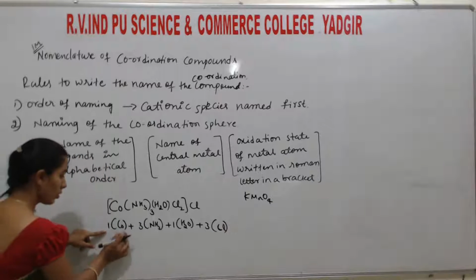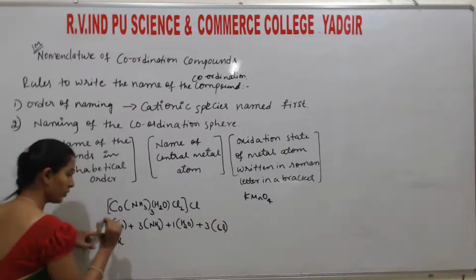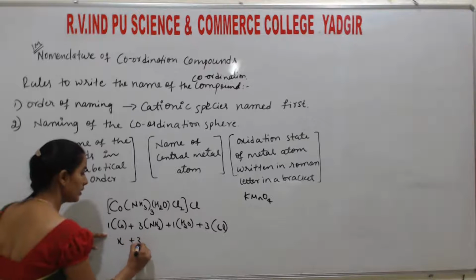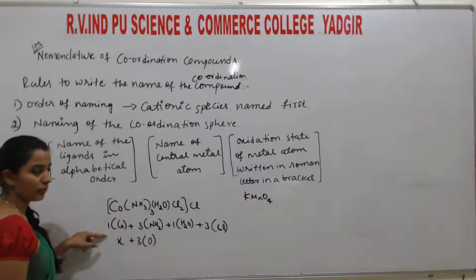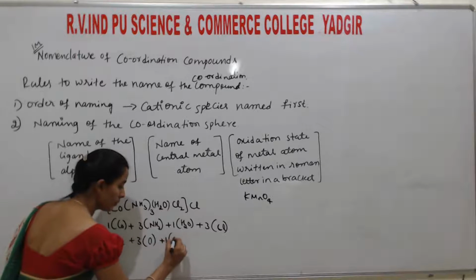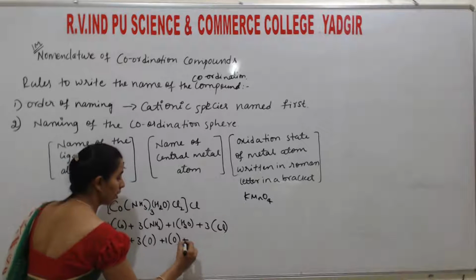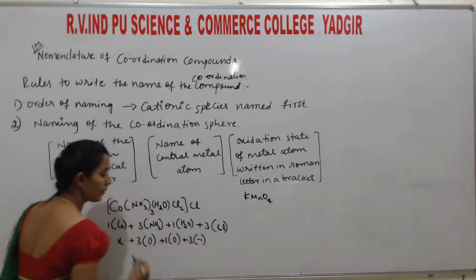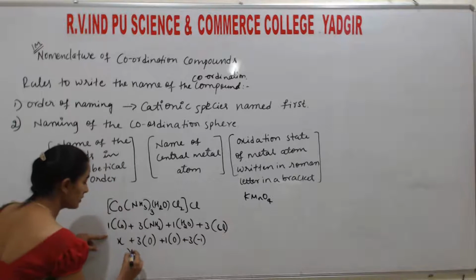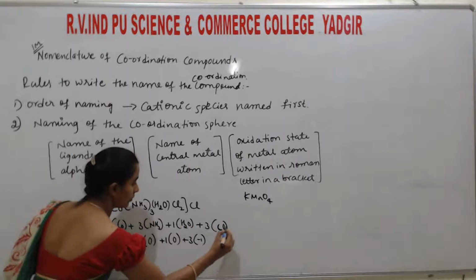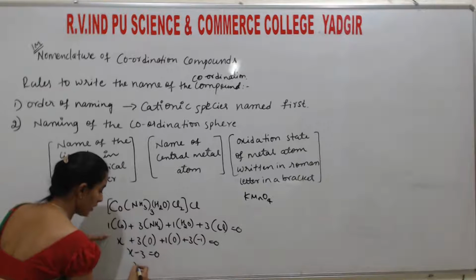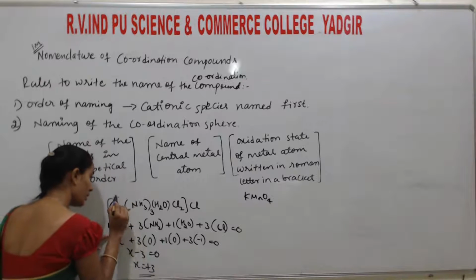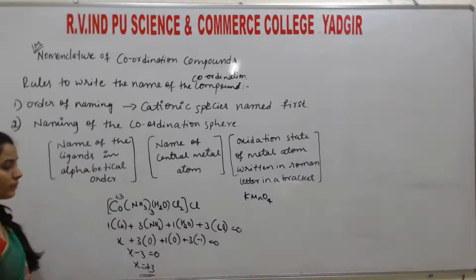So here cobalt is X, we don't know, plus 3 into NH3, a neutral molecule, so it is 0. H2O is also a neutral molecule, so it is also 0. Plus 3 into minus 1. So X minus 3 is equal to 0, because the net charge is 0 here. X is equal to plus 3. So the oxidation state of cobalt in this complex is plus 3.